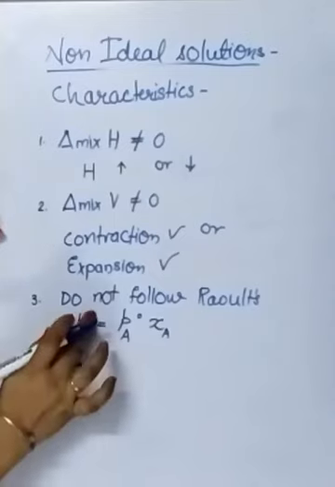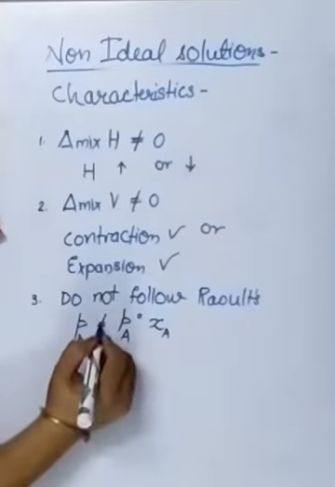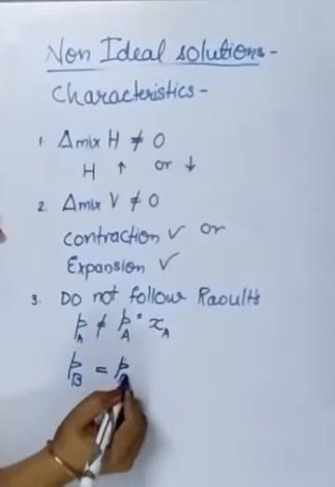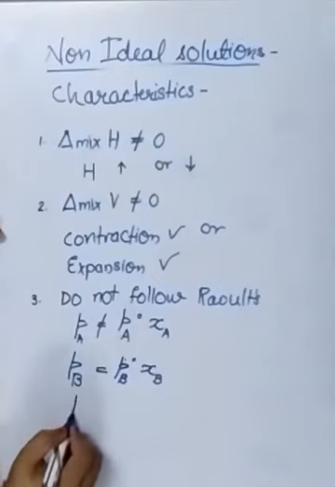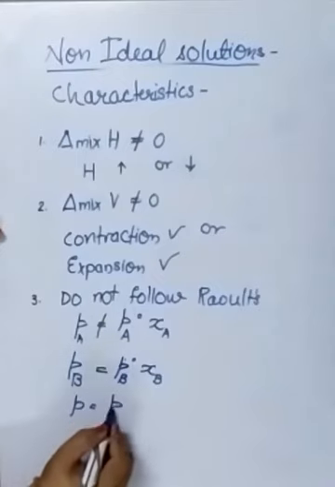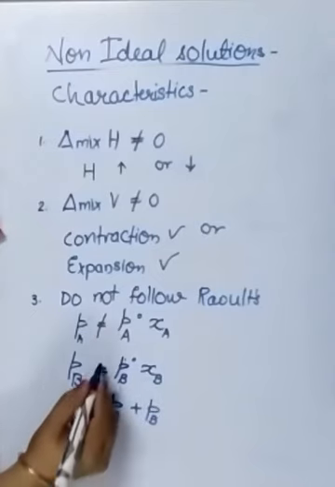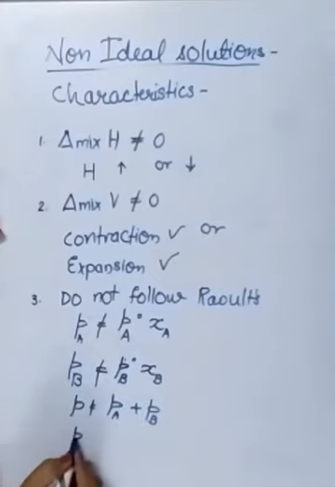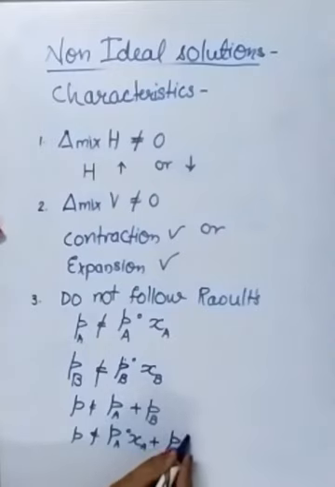Similarly, PB is not equal to PB not XB, and P is not equal to PA plus PB. That means P is not equal to PA not XA plus PB not XB.